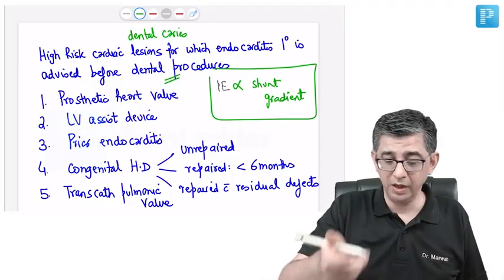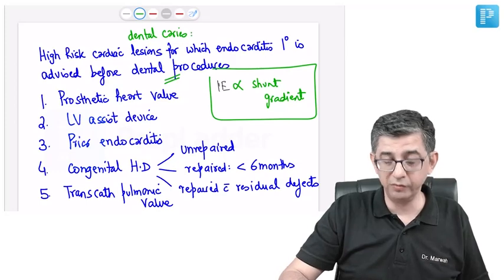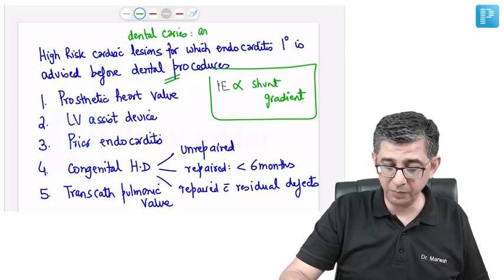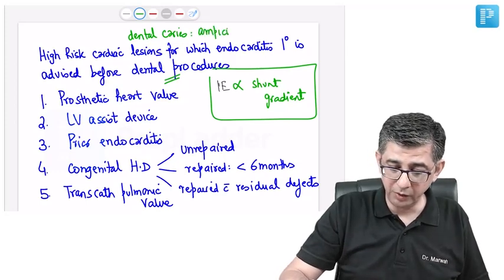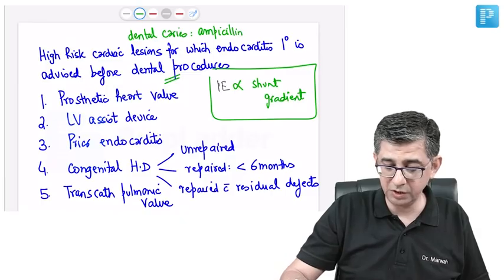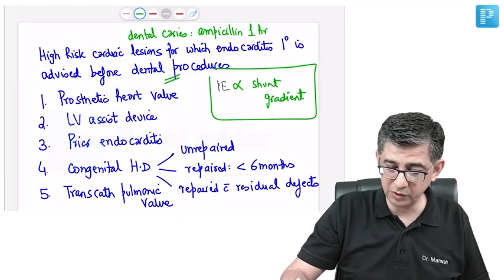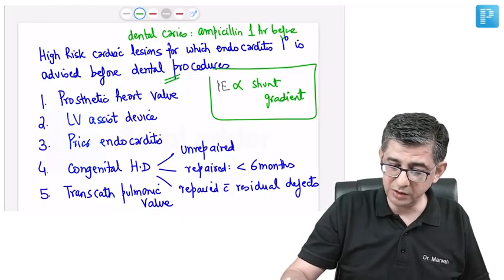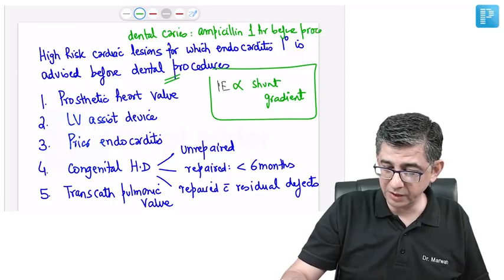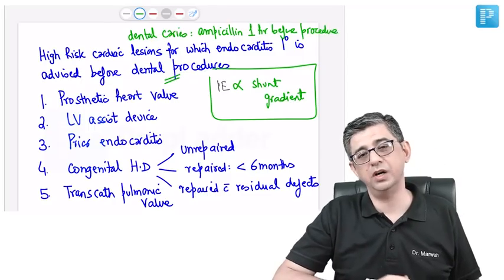As a result, in patients with dental caries, before the procedure we will be giving ampicillin. This would be about 2 grams of ampicillin, given 1 hour before the procedure. The reason we are doing this is to mitigate the risk of damage to the heart valves.